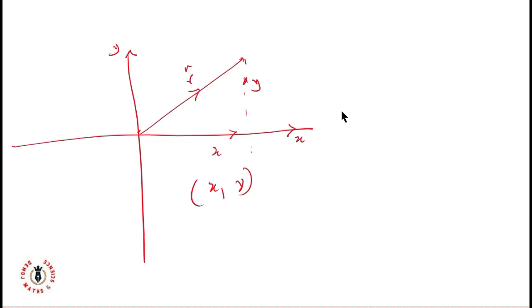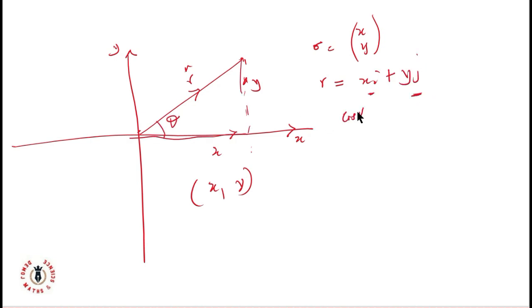To represent vectors, one easy way is to represent a vector like my r with x and y, and I can also represent it with unit vectors, so that my r can easily be represented as xi plus yj, so that cos theta will be the same thing as x over r.